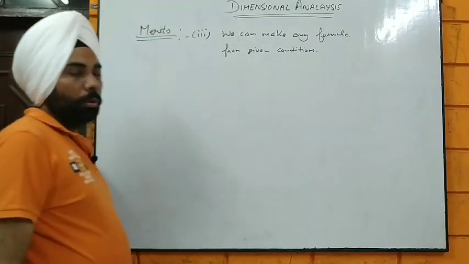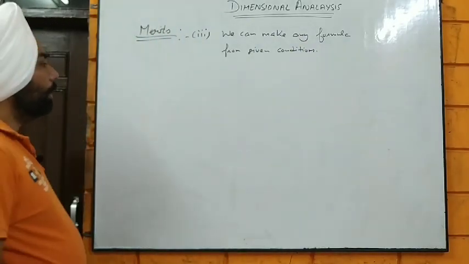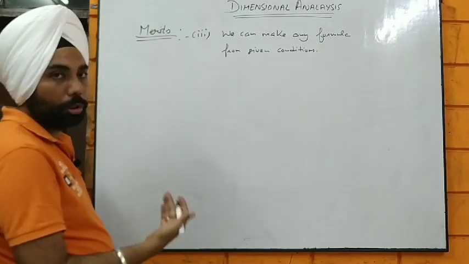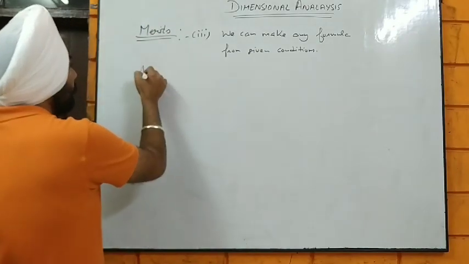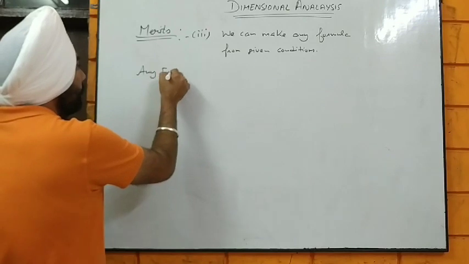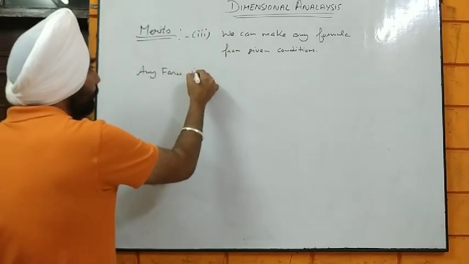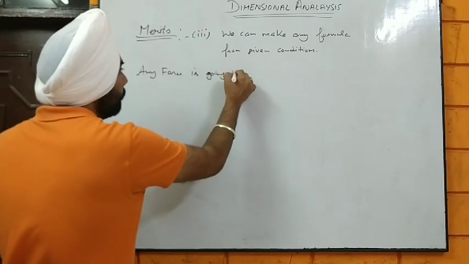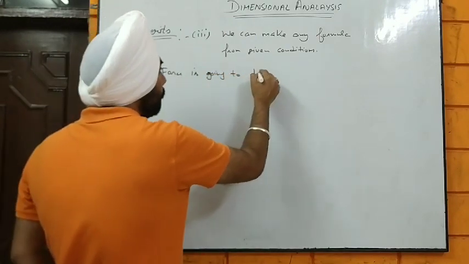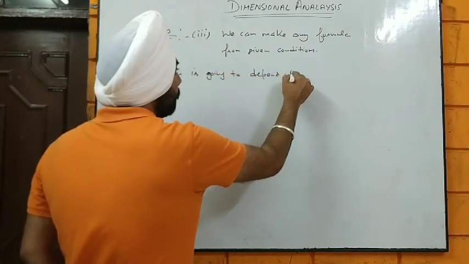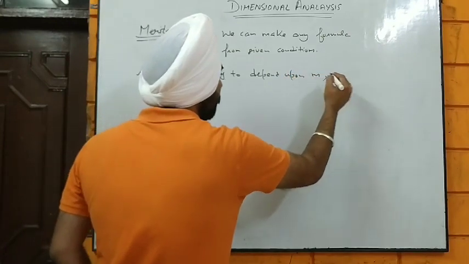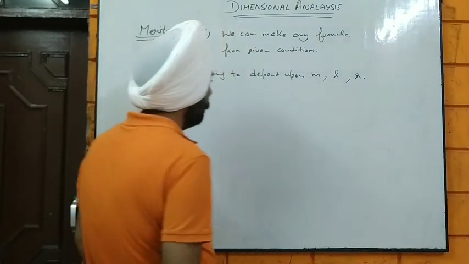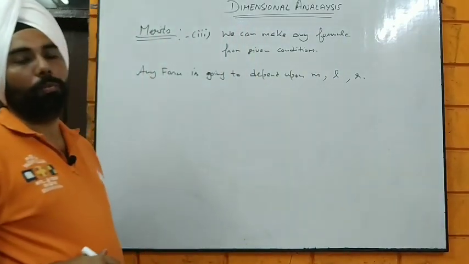conditions. So let's assume we are given that any force in a circular motion is going to depend upon mass, length and radius, then calculate the formula for force.